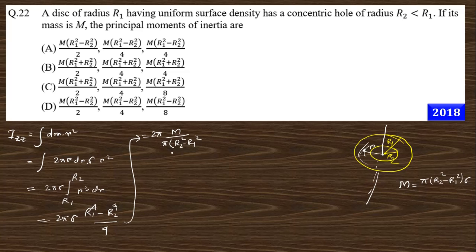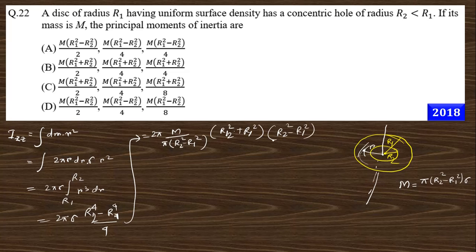Applying the formula, upper limit minus lower limit, r1 square plus r2 square, and this is r1 square minus r2 square.